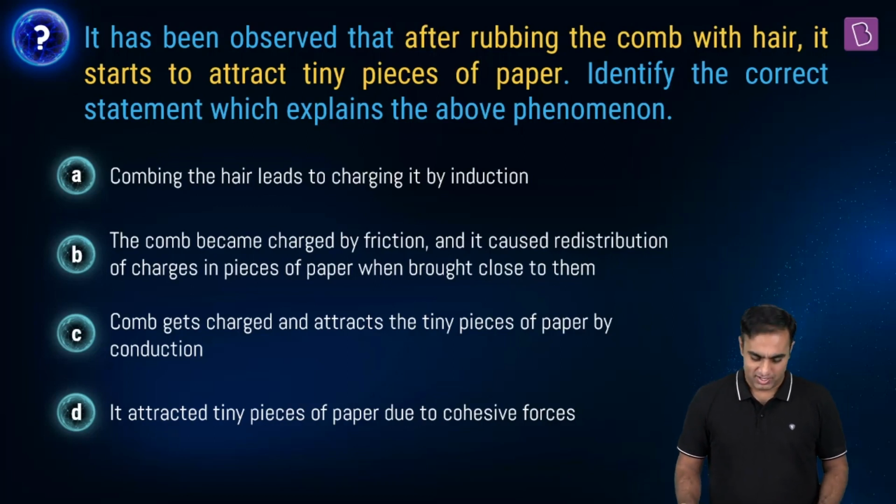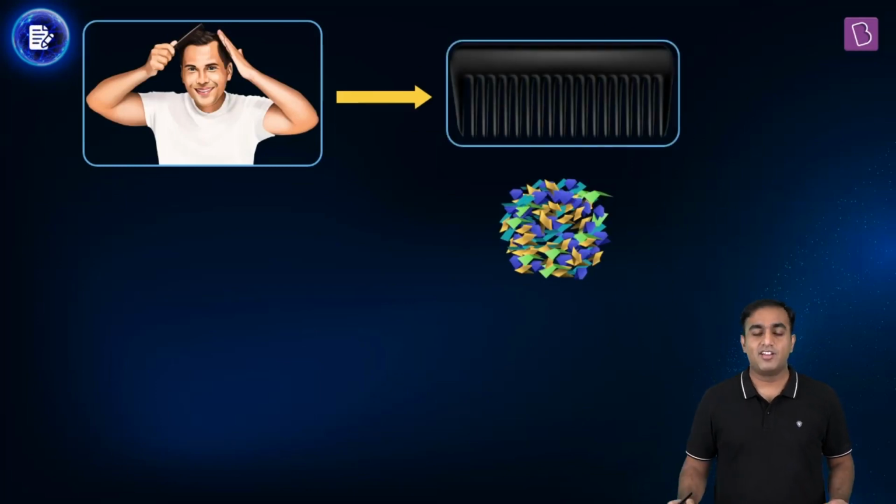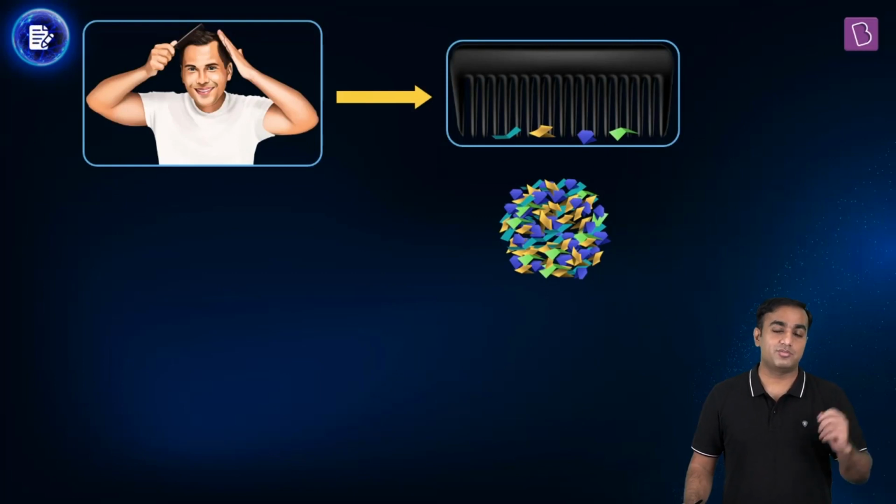Well, in order to answer this, first of all, you have to understand why does the comb even get charged in the first place? Why does the comb get charged? When you move the comb through hair, the electrons from hair will get deposited on the comb.